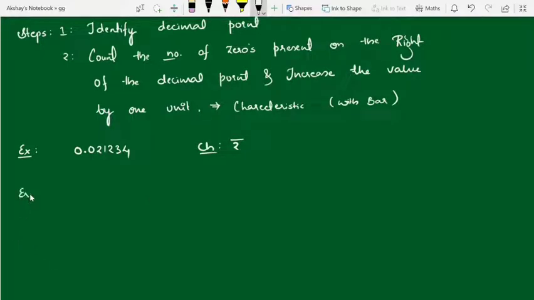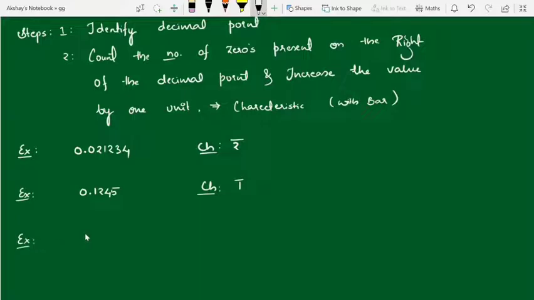Okay. One more example. If you have 0.1245, what is the characteristic? Here after decimal, no zeros are there. Add 1 to it. No zeros plus 1 means how much? 1. So the characteristic will be 1 bar.